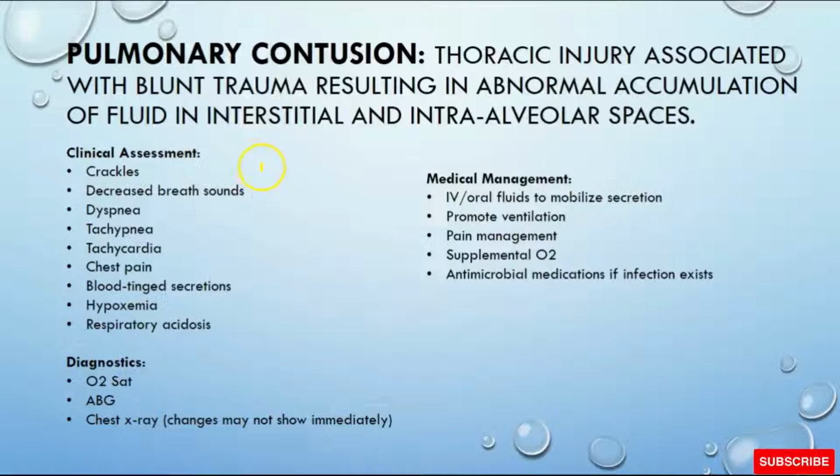So what you need to know about it is just understand what a contusion is, and the medical management. With most lower respiratory disorders, it's always about promoting ventilation, pain management, any supplemental O2, and if there is an infection, then treat the underlying infection.